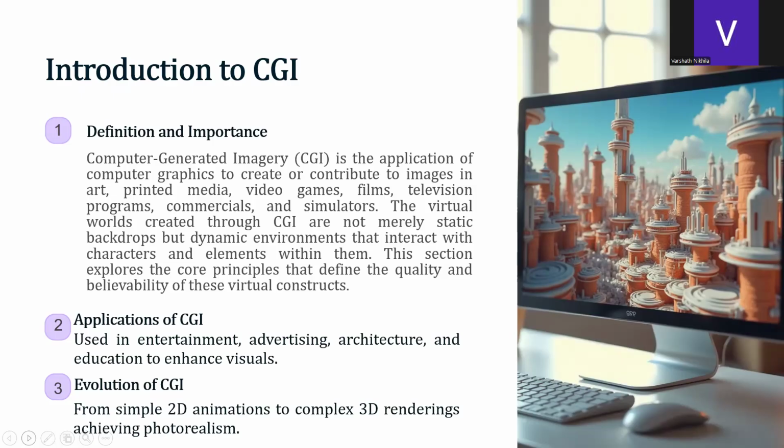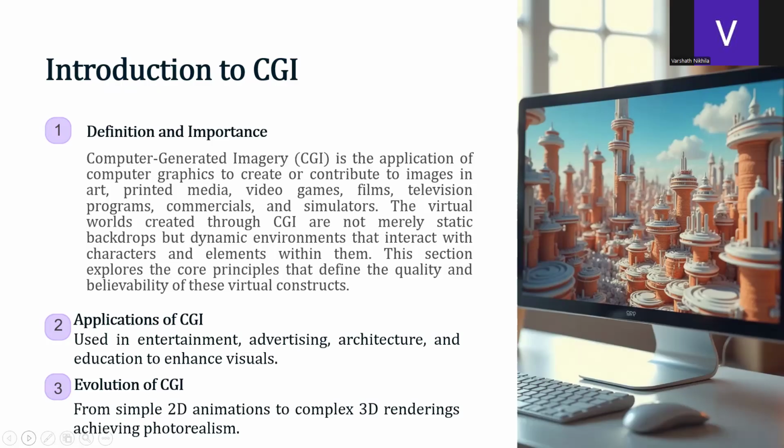In architecture, CGI allows architects and clients to walk through a building before it even exists, complete with guideline lighting and textures. And in education, CGI is used for medical simulations, virtual science labs, and historical recreations. The goal is to inform, entertain, and immerse the viewer with visuals that were once impossible.